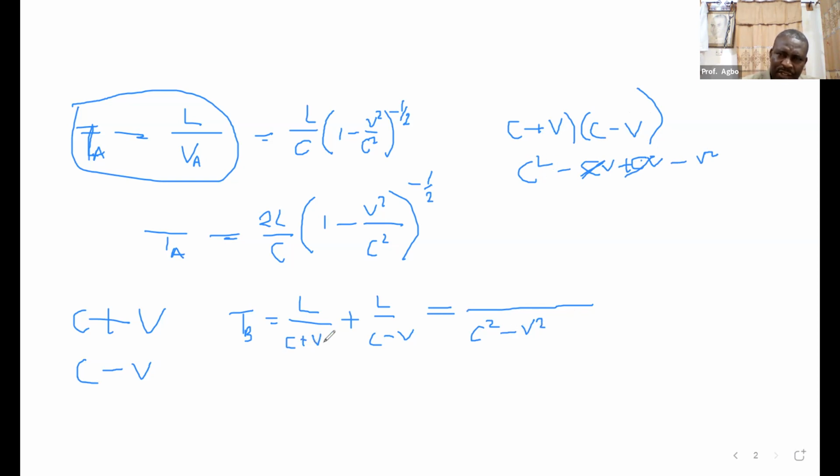So this plus C plus V, dividing this, you now have L as a common factor. That will be L into C plus V, C minus V. Both of them are C minus V. And this other one here will be L into, okay, no, not the same.